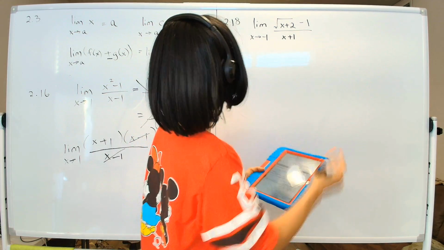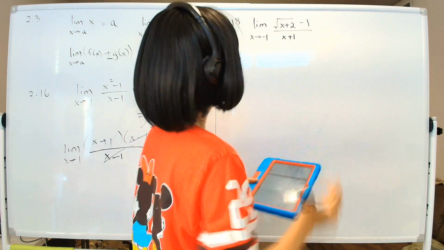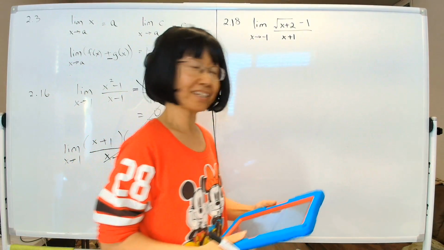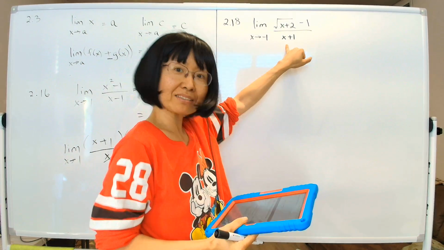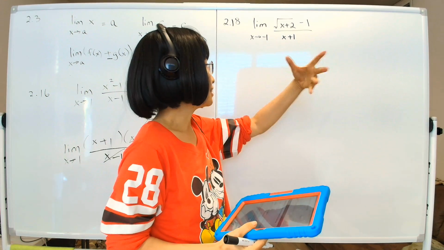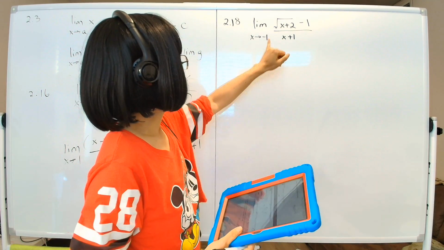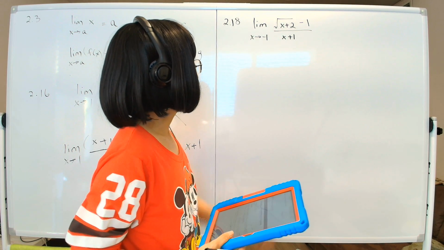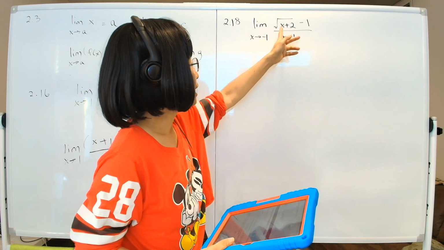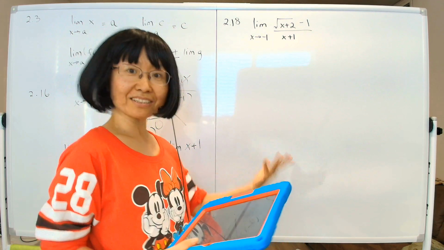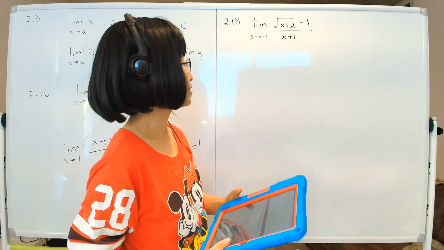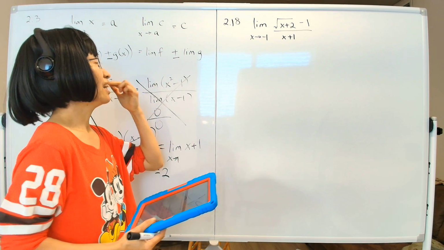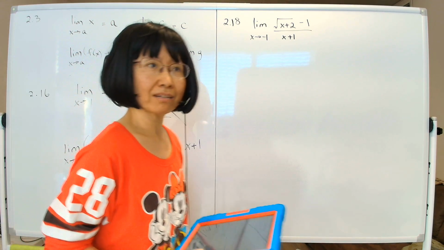So there's that. As you can see, x is approaching -1 of all things, because that makes the denominator 0, and you're stuck somehow. And on top, -1 plus 2, the square root of 1, subtracted, also equals 0. So you've got that 0 divided by 0 situation again, and you are at a loss.